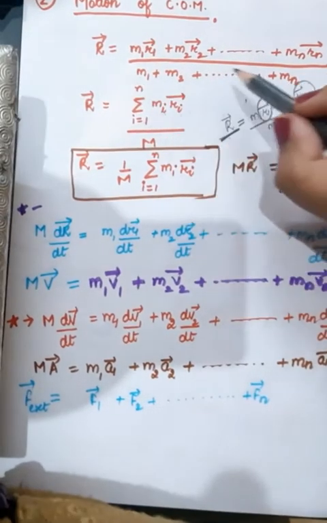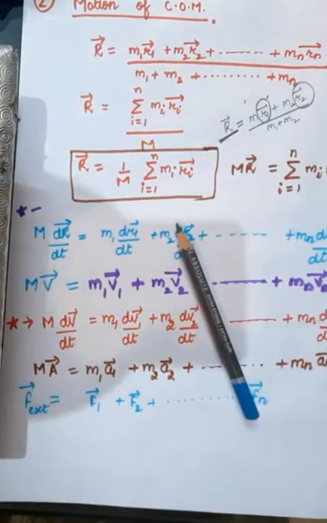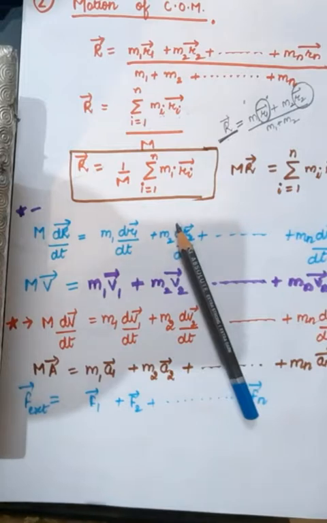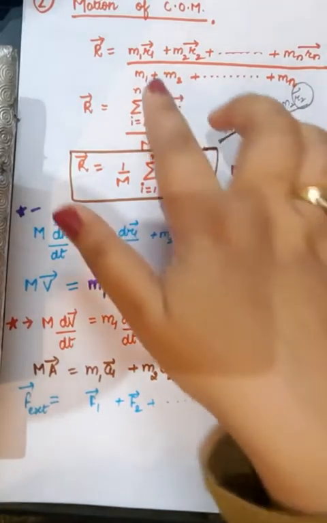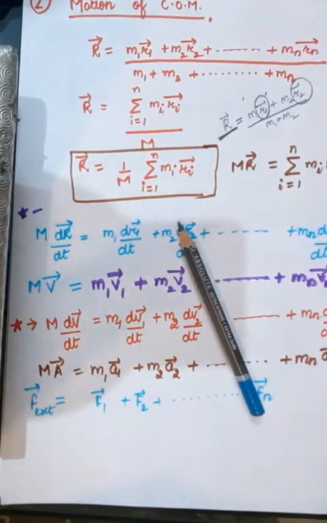And this m1 plus m2 plus up to mn, don't you think that this is the sum of all the particles of the system? If you are summing up the masses of all the particles of the system, don't you think you're going to get the mass of the entire system? Of course, yes. After this term is solved, we are going to get the mass of the whole system.